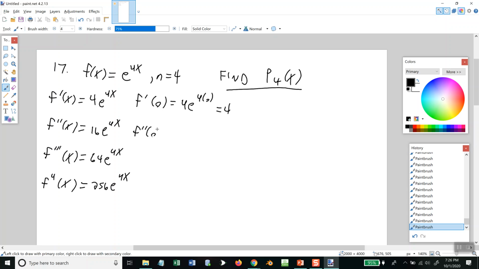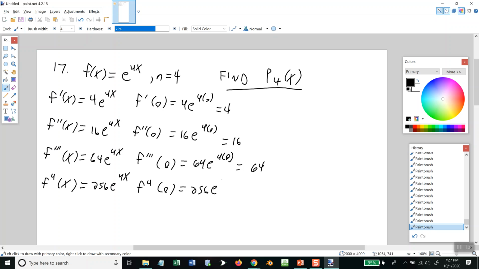F double prime of 0, 16e to the 4 times 0, which is 16. And our third derivative will be 64e to the 4 times 0, which is 64. And our fourth derivative, 256e to the 4 times 0, which gives us 256.